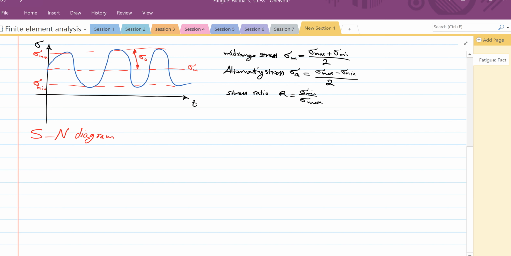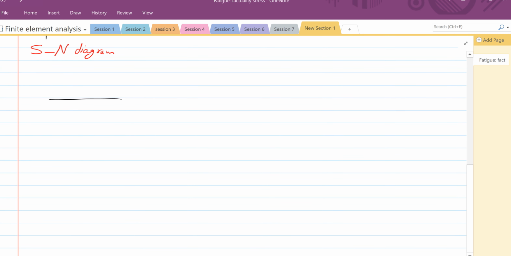This S-N diagram we usually draw for reversible loadings. So it is going to be something like this. First, I'm drawing without details, and then later I am going to add more details to it.